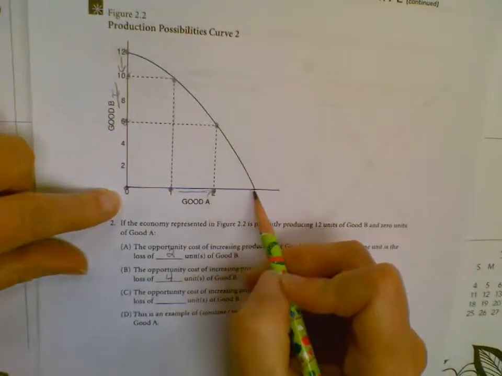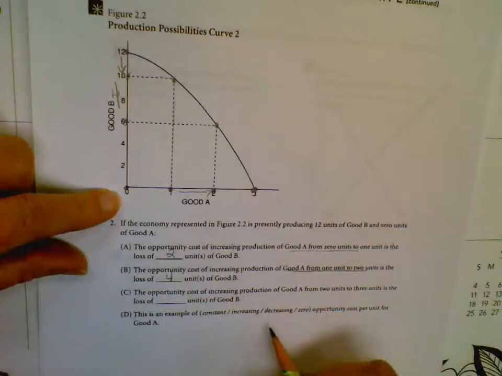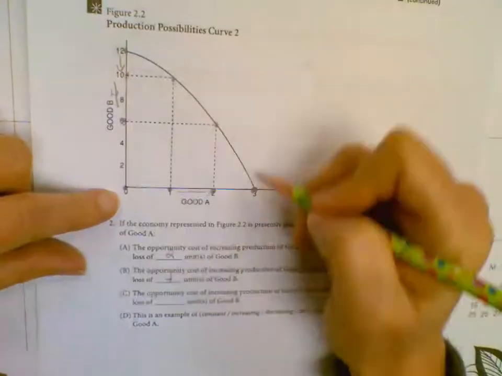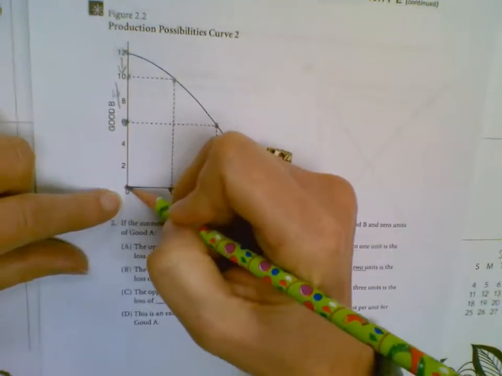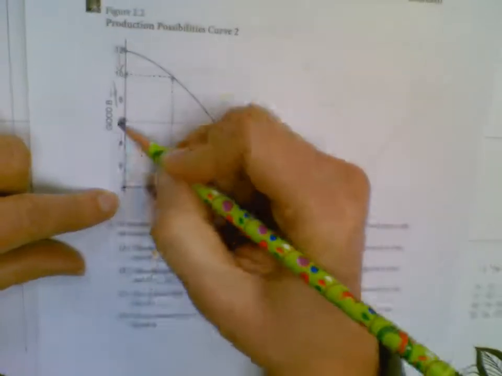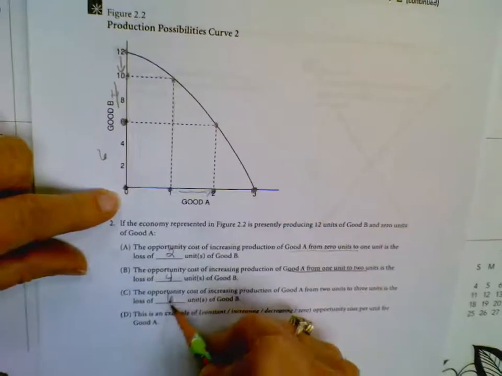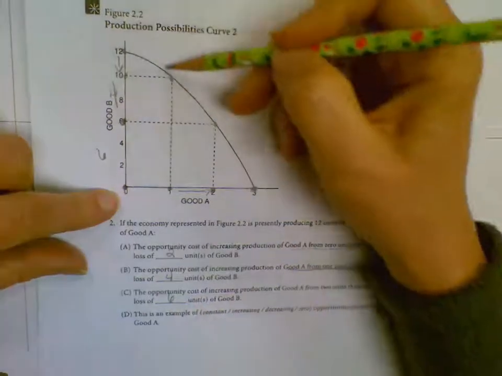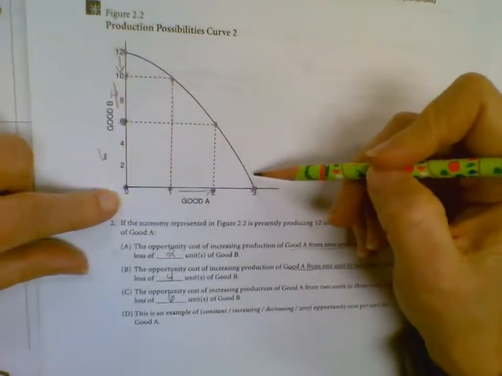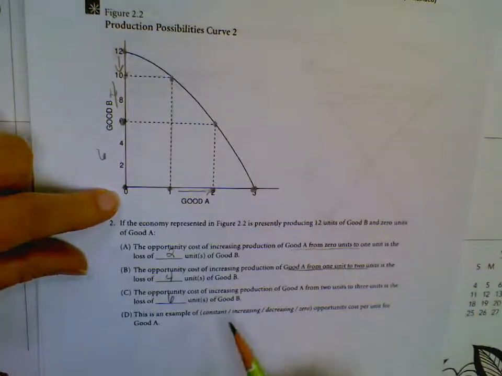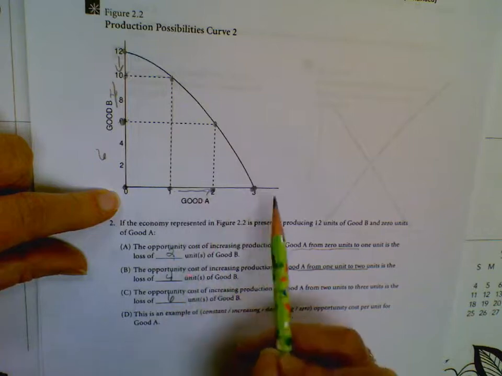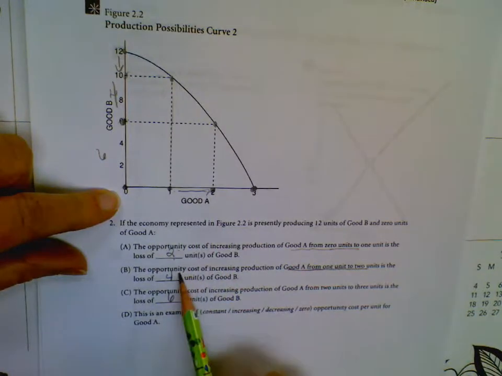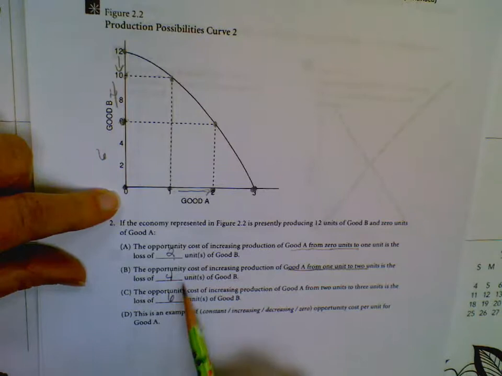And if we want to add 1 more unit of A, which is the next question, we're going from this point to this point. We were able to make 6. Now we're able to make 0. So the cost here is a total of 6. When we look at this, anytime you see a curve that is bowed out like this, for each additional unit that you gain here, what you have to give up is going up.